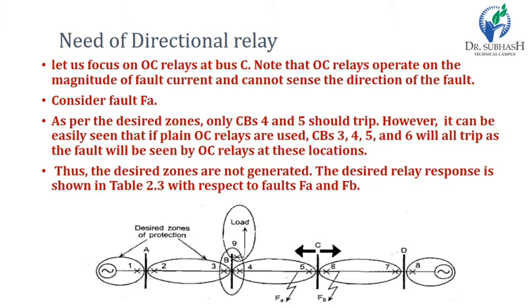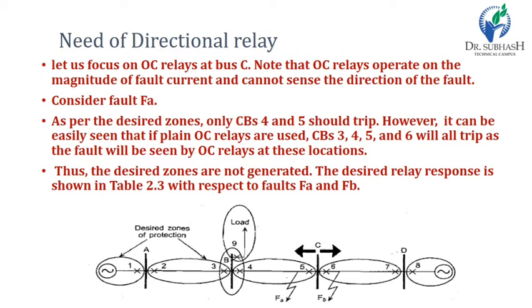The desired zones are not generated because the flow of current is produced on both sides and the circuit breaker will not trip. It is the case of selectivity.